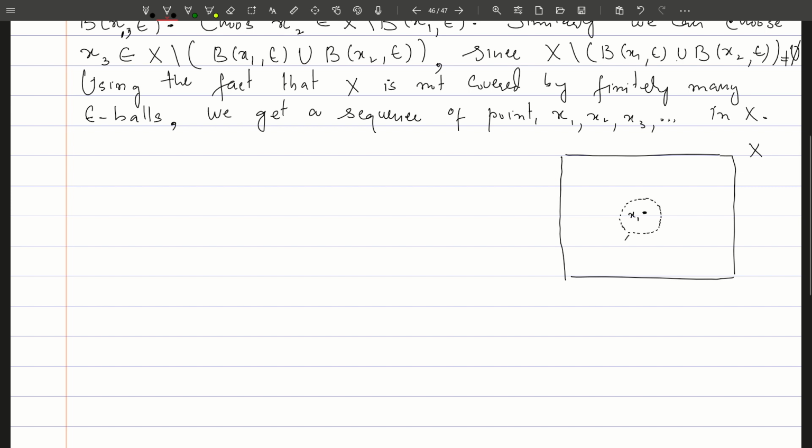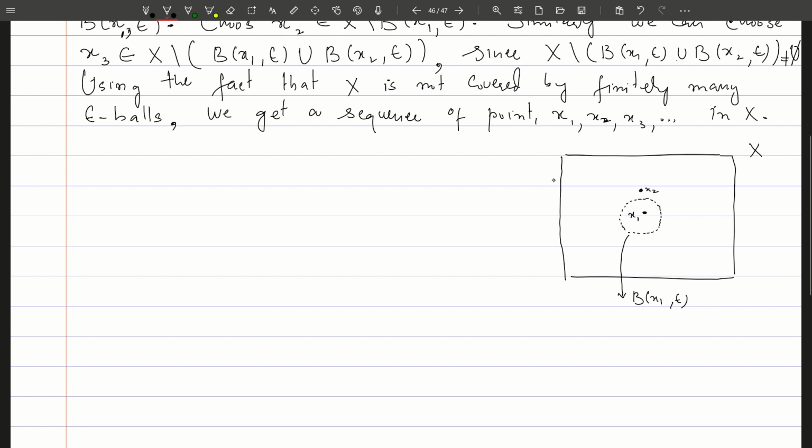This is the ball centered at x1 and radius epsilon. One can note here, this epsilon ball cannot cover the whole of X, because that would be against our hypothesis. So there is room to choose a point from X which is not in the ball. Let us pick a point here and call it x2.